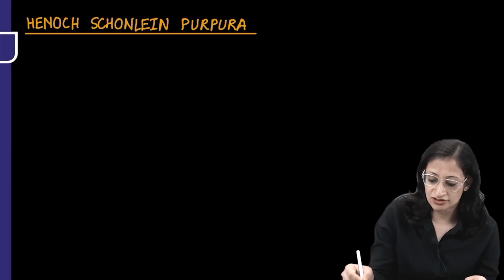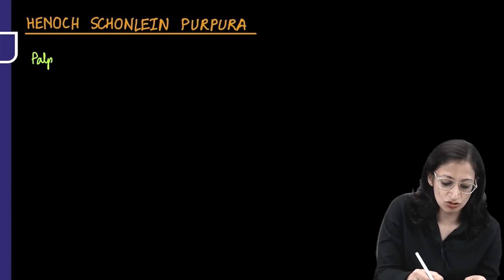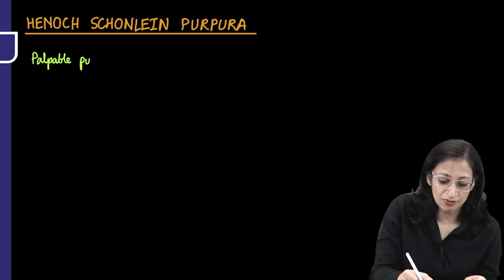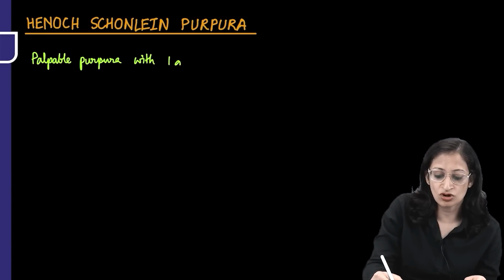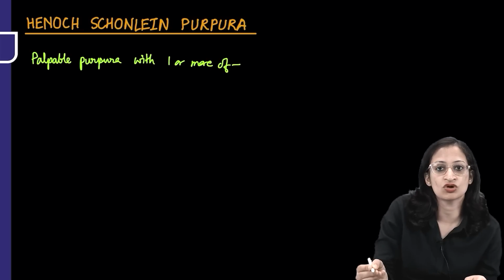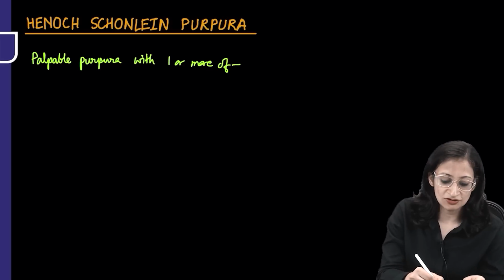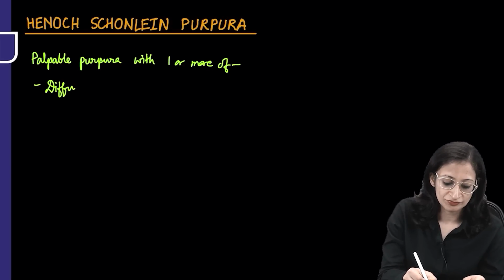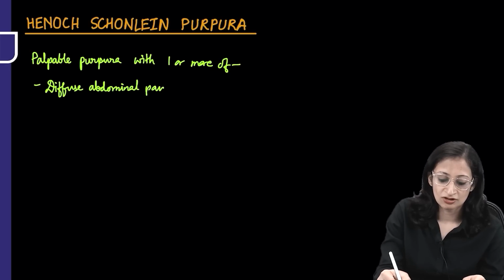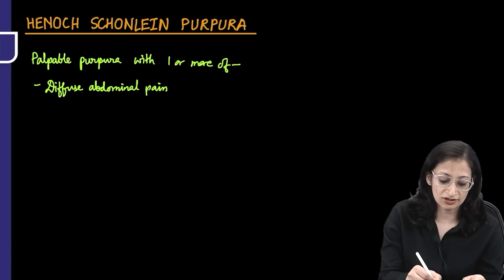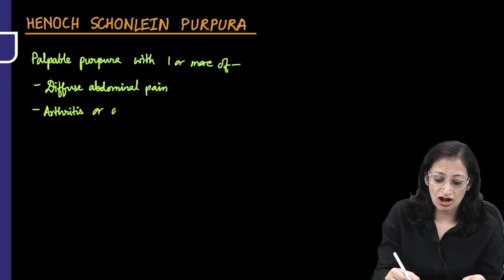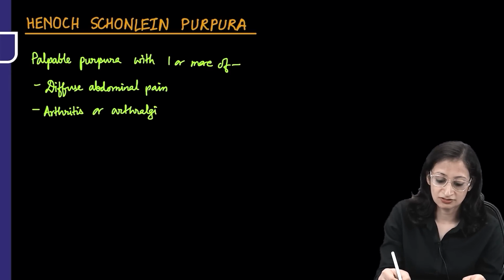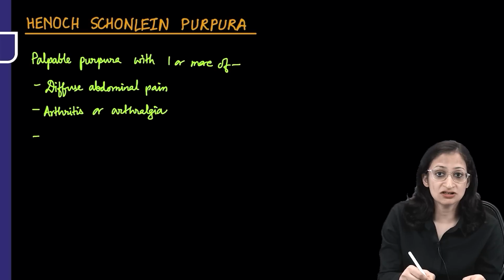There is palpable purpura with one or more of the following: diffuse abdominal pain, arthritis or arthralgia, or renal involvement in any form.